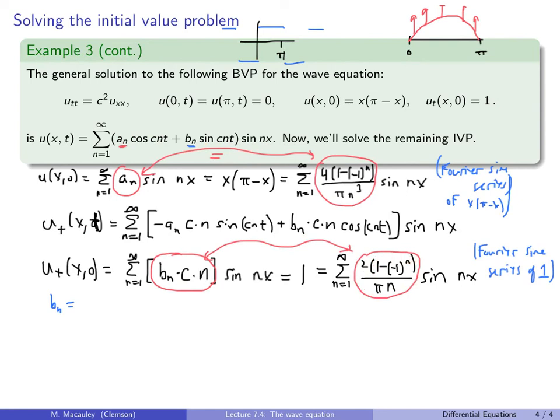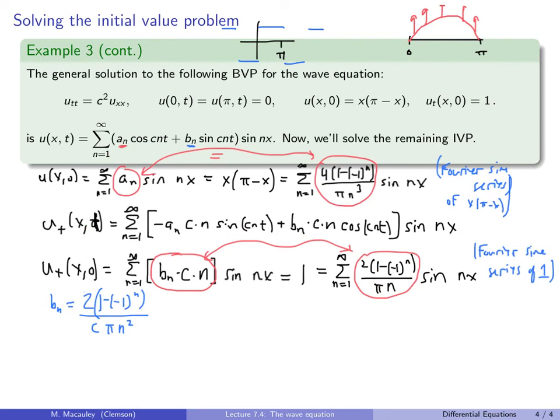So Bn is 2 times 1 minus negative 1 to the n over c times pi times n squared. Okay, so now we have A. A is this. We have B, and now we are done.